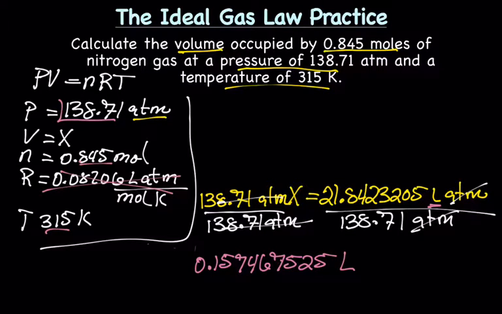So it looks like we're going to end up with 3 sig figs in our final answer. That 0 is not significant, so we just count the 1, 5, and 7. The 4 is 5 or smaller, so it drops, which means our answer is 0.157 liters.